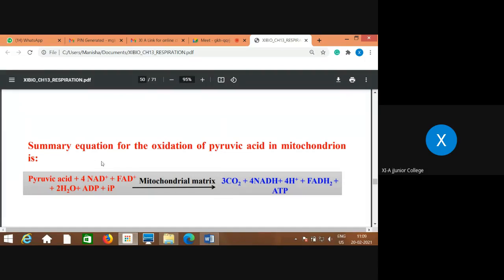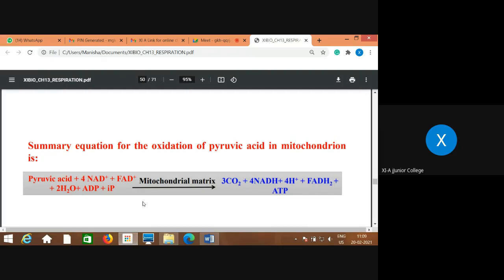Then how many NAD? From NAD, 4 NADH2 are produced, and 1 FADH2 from FAD is produced, and 2 times there is a hydration reaction, so addition of water, and 1 time phosphorylation taking place, that is addition of inorganic phosphate to GDP to form GTP, immediately gets converted into ATP.